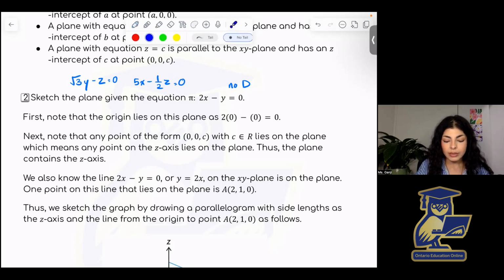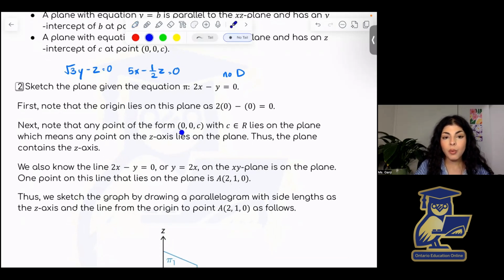And so that's what is written here. Any point of the form 0, 0, c, because you can pretty much choose any value of c, will be on this plane as well. Because if x and y are 0, then it doesn't really matter what our z value is. This equation will be satisfied regardless. So c can be any value when x and y are 0.